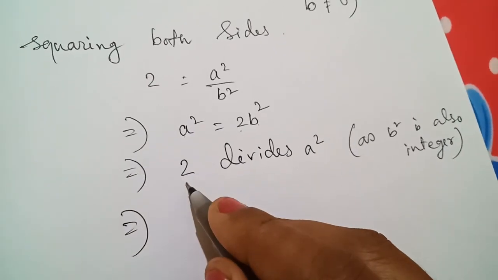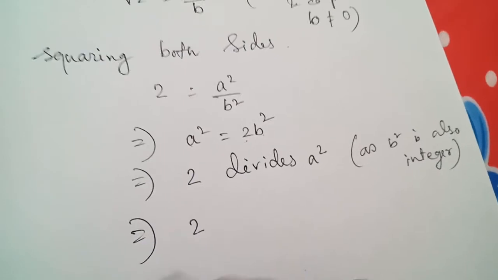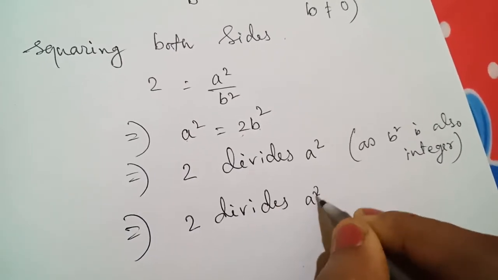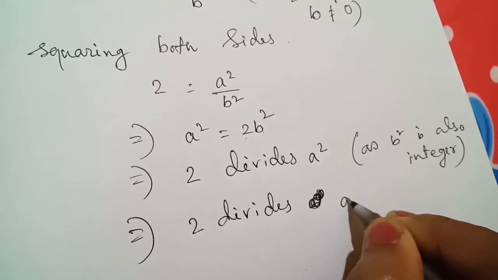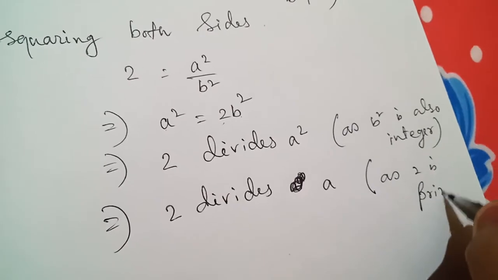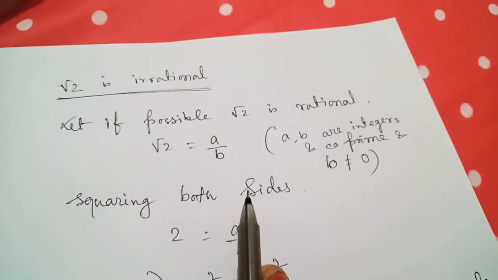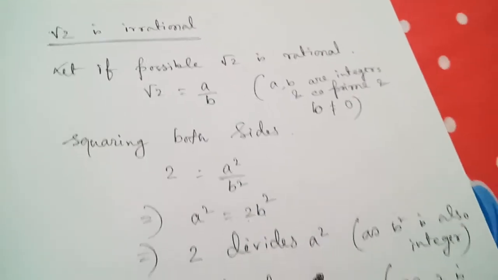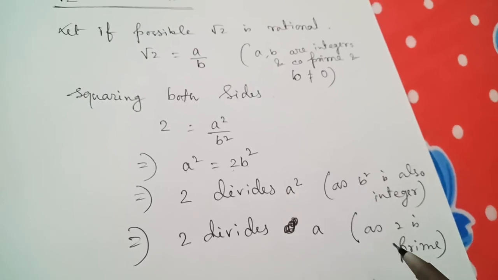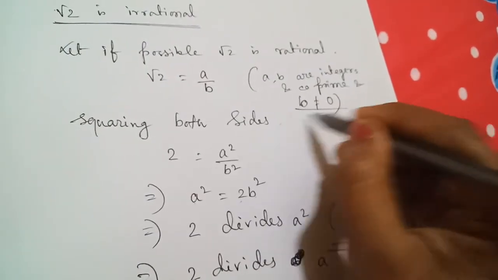Now 2 is a prime number and it divides A square. So just we have done the theorem. So 2 divides A also. A square, that means A also, as 2 is prime. You can see that everywhere I am writing the logic just beside the line, and these logics are the most important part of the proof.